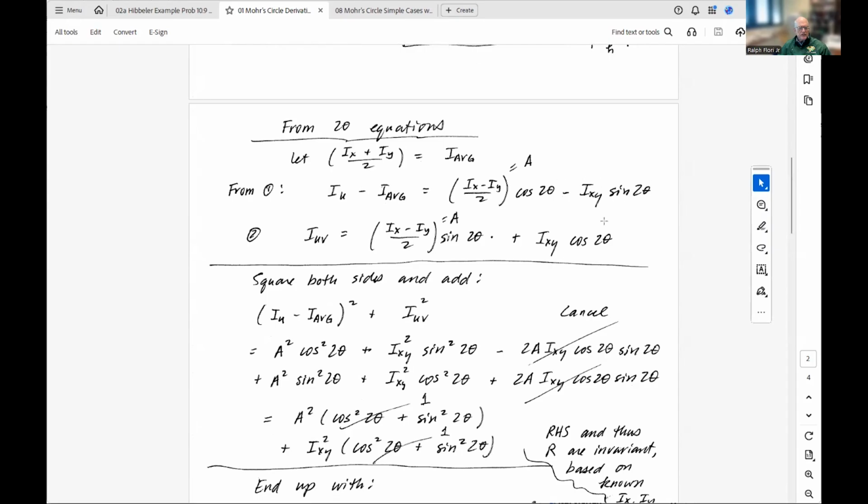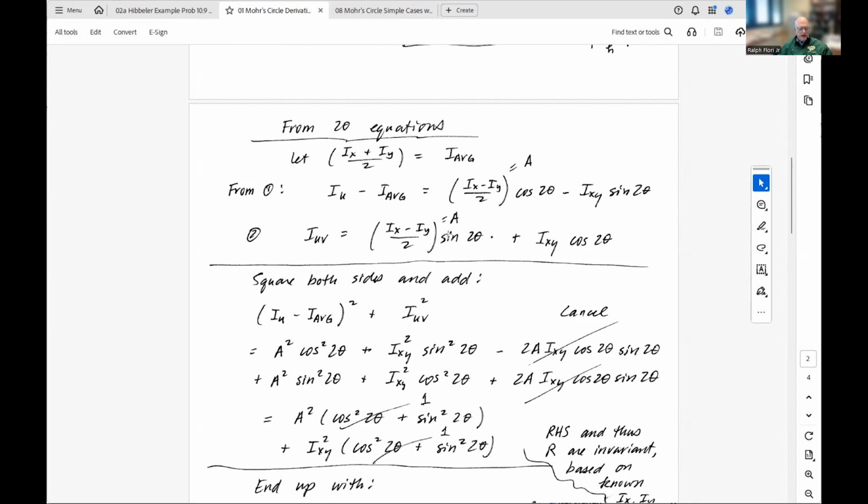We're going to square both sides of these equations and then add them. So IU minus I average squared plus IUV squared is equal to: squaring the first gives me 3 terms, and squaring the second gives me 3 terms. The 3 terms from the first are A squared cosine squared 2 theta plus Ixy squared sine squared 2 theta, and then minus 2A Ixy cosine 2 theta sine 2 theta.